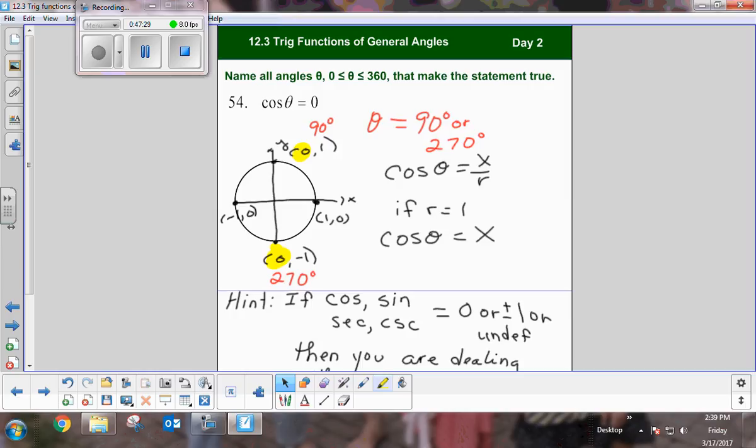Ariel, you have a question? Yeah, so it could be any value, but we're going to use the unit circle, because otherwise you would just simplify it down to where r is 1.